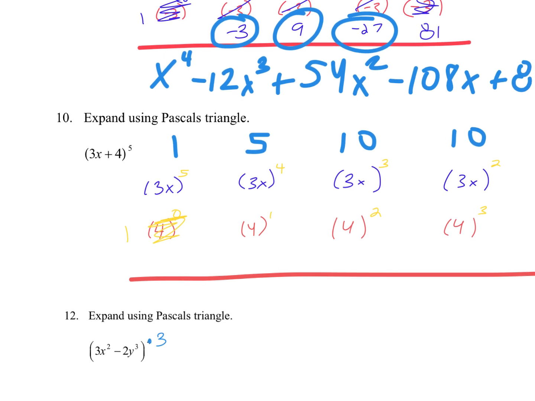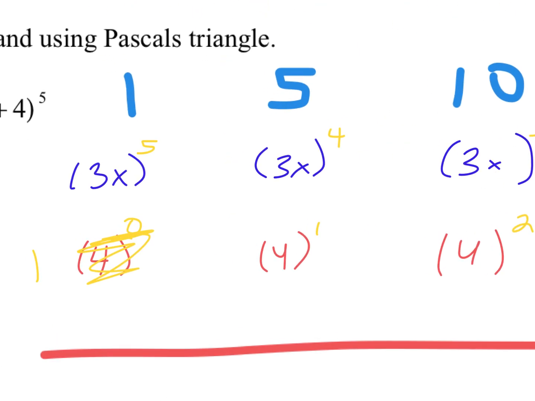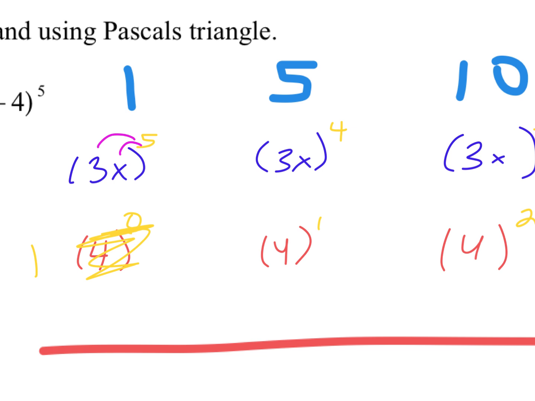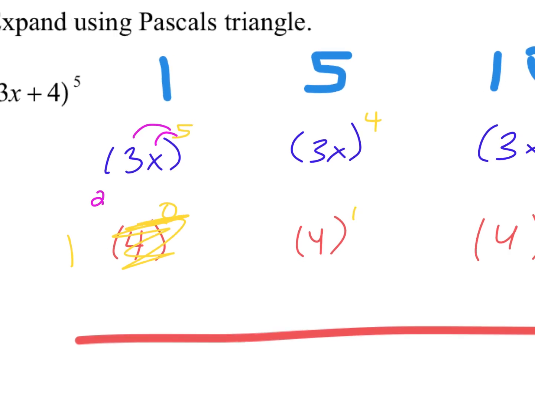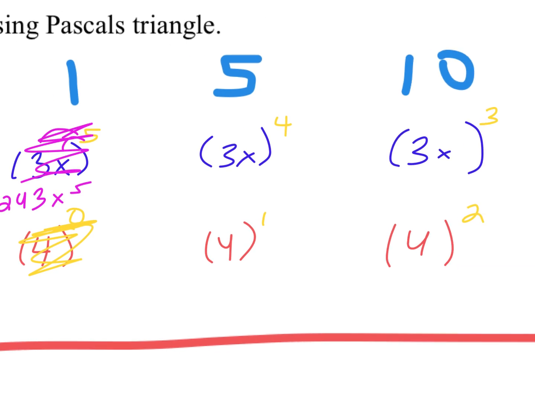Where does this 5 go to? It goes to the 3 and to the x. So 3 to the 5th power is what number? 243 x to the 5th. And then I would cross that out. So then next, this 4. This 4 is going to go to the 3 and where? To the x.